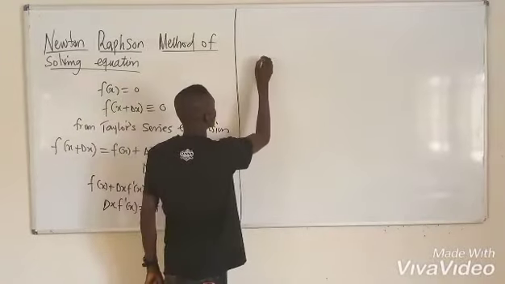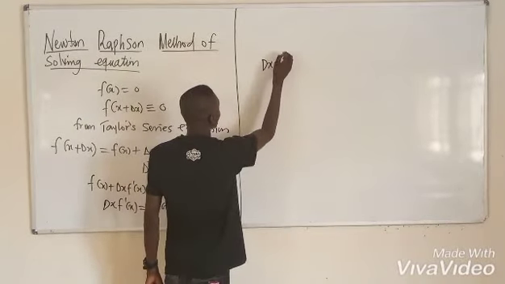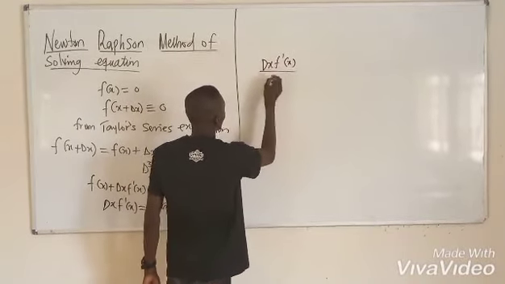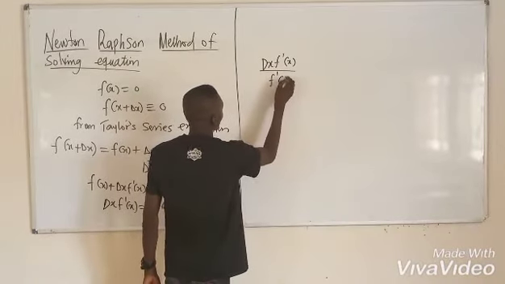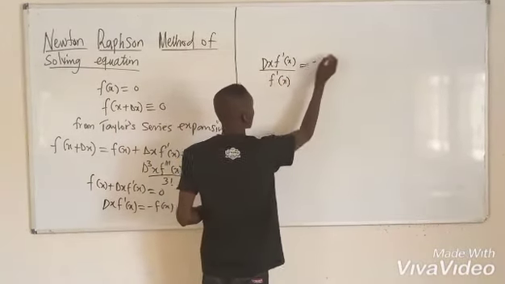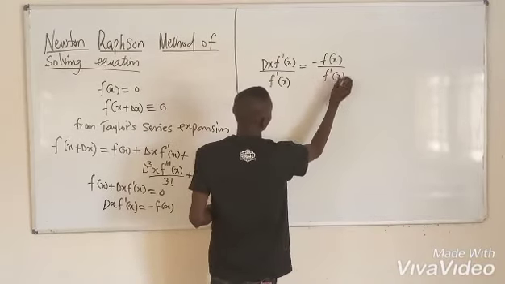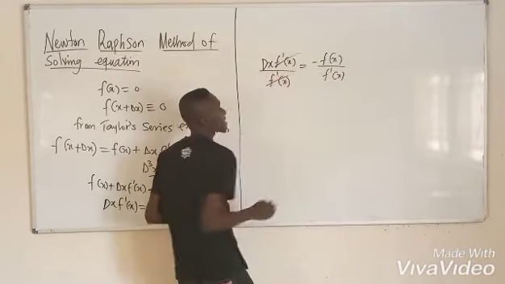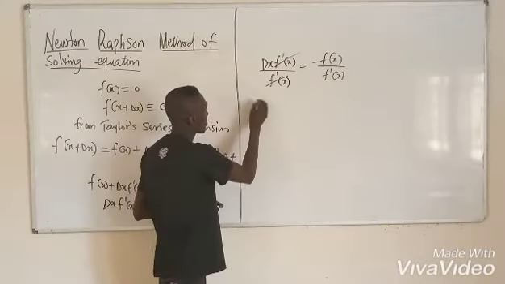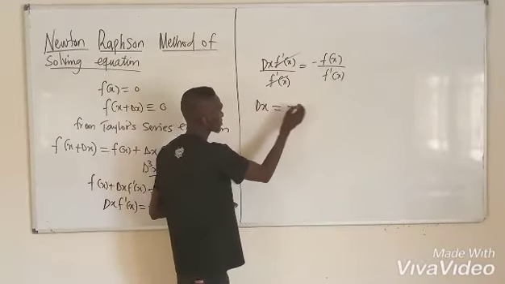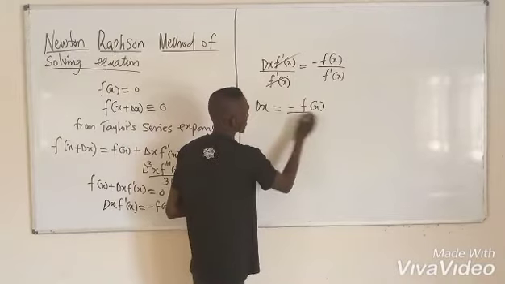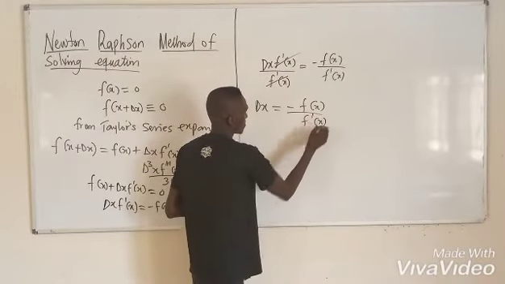So I'll be having delta x f prime of x over f prime of x is equal to minus f of x over f prime of x, such that this can cancel this out. So from here, I'm having my delta x is equal to minus f of x over f prime of x.